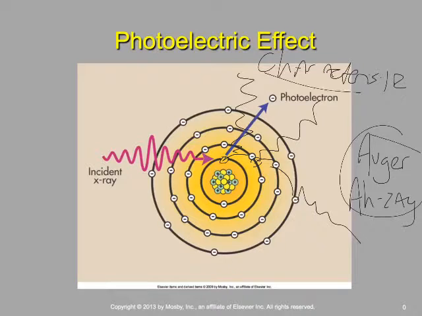I want to emphasize, though, this is not describing the photoelectric effect. Initially, the photoelectric effect was just a photon knocking a K-shell electron out and stopping. It ionized the atom and stopped. That's the photoelectric effect, period.